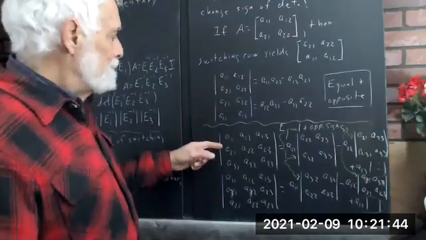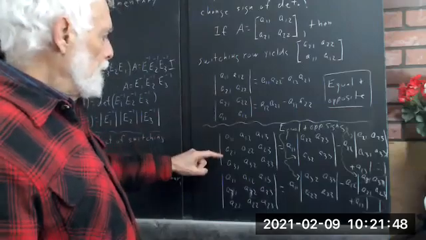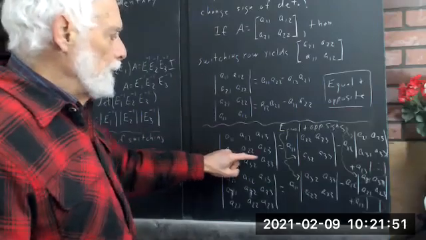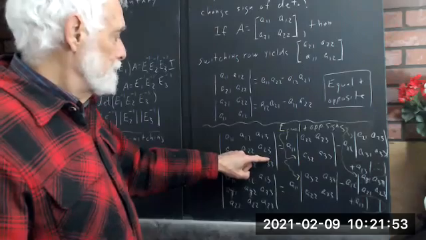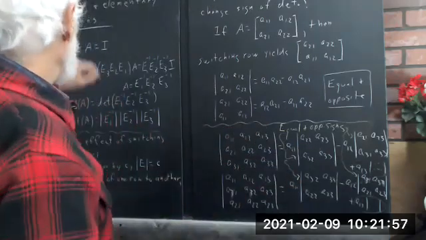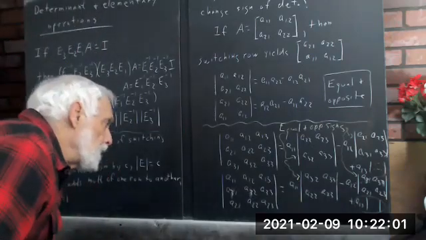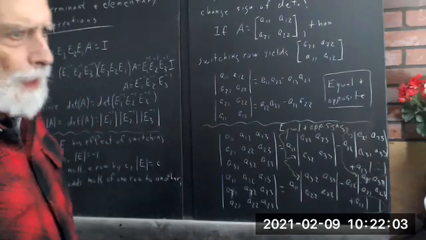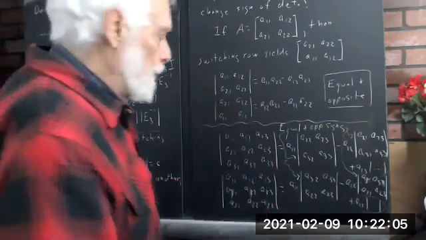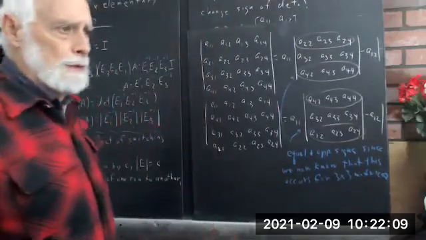If I had switched the second and third rows, I would have done the expansion on this row. And the same thing would occur, and I'll leave it to you to sort out, but it's pretty straightforward. Okay, so that outlines how we prove it for a 3x3 matrix, and then we do the same thing for 4x4.